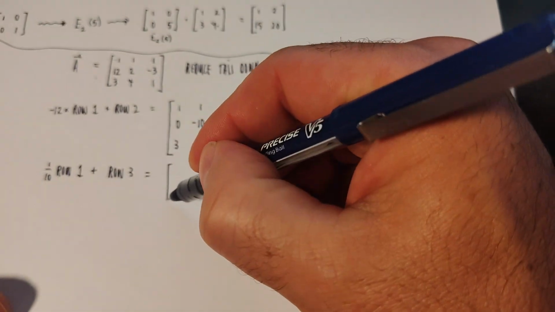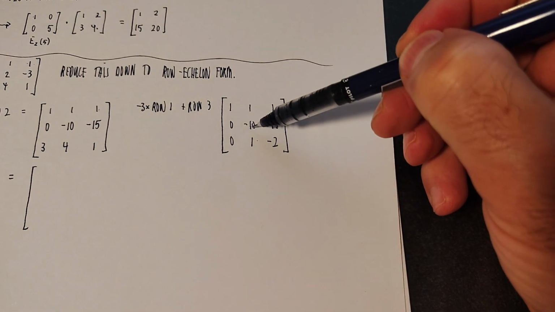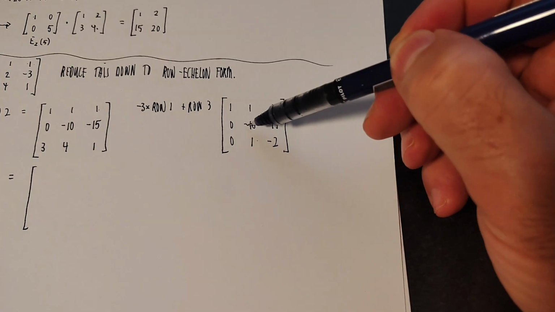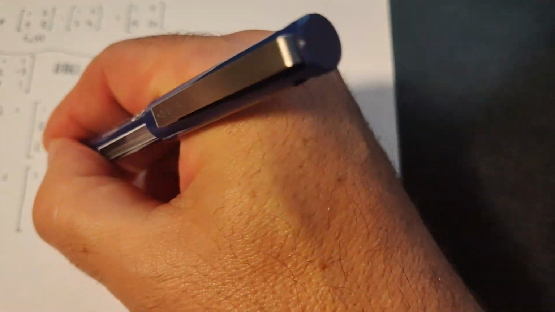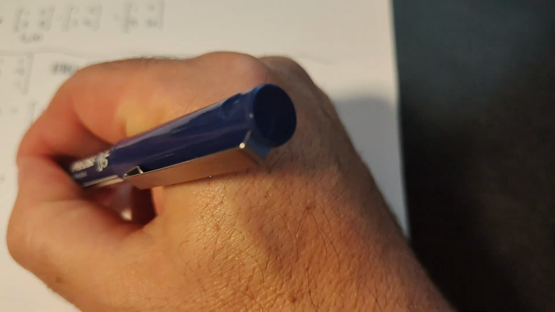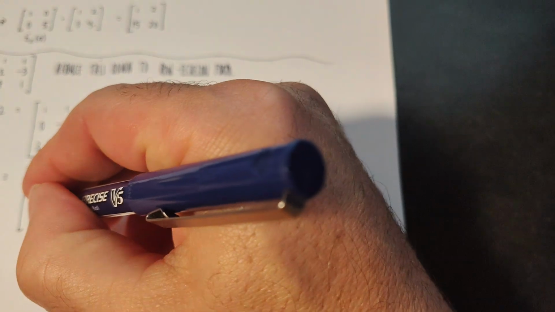And that's going to give us the following. 1/10 of negative 10 becomes negative 1. So if you multiply this all by 1/10, let me fill this out: 1, 1, 1, 0, negative 10, negative 15, and then 0.